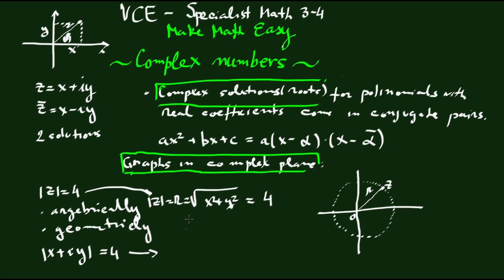So what we're getting is x squared plus y squared equals 16, which is 4 squared.